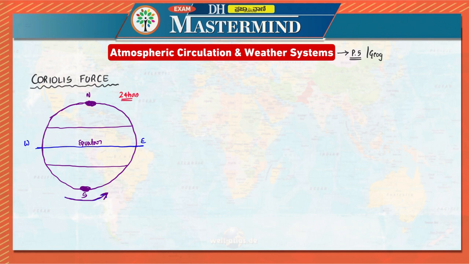But to complete that one rotation, the equator has to be faster, correct? It has to rotate faster, and the speed decreases as you go further towards the pole. When you go towards the pole from the equator, the speed decreases.